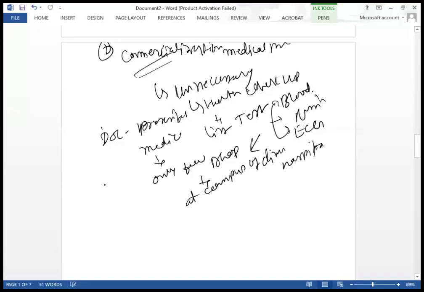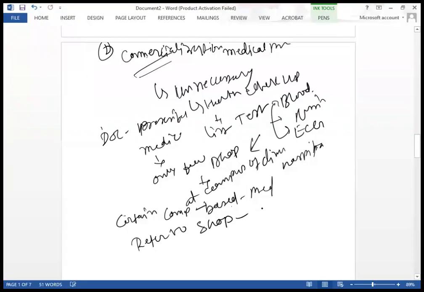They write certain company-based medicine, or they refer you to a particular shop, and so they get a kickback from that. So this is also a way of commercialization of the medical profession.